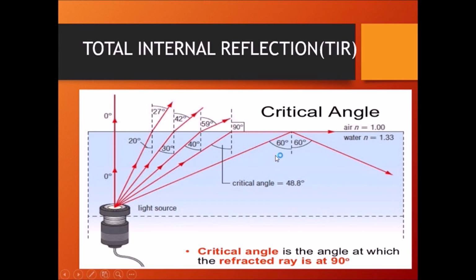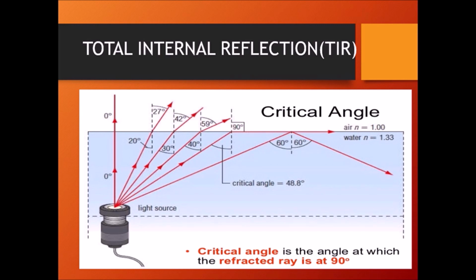Now if this angle of incidence is more than the critical angle, so this was 48.8, and now this is more than 48.8, that is the critical angle, then this ray of light will not get refracted, rather it will get internally reflected, and this is called total internal reflection.